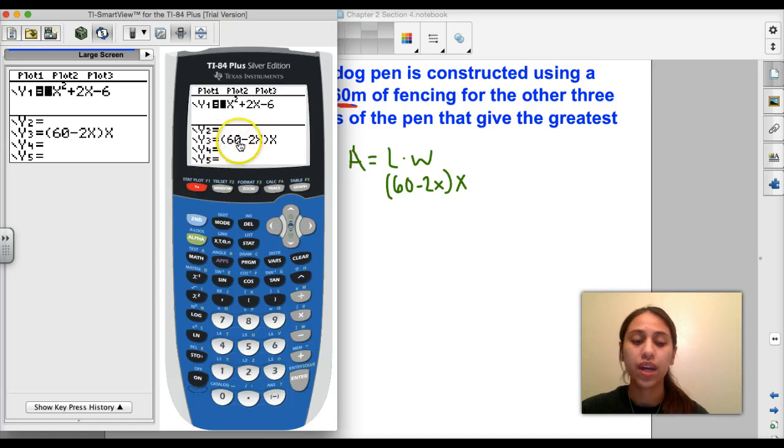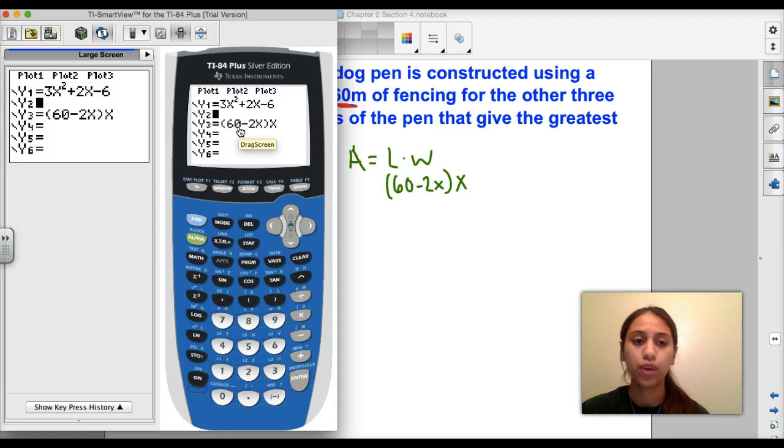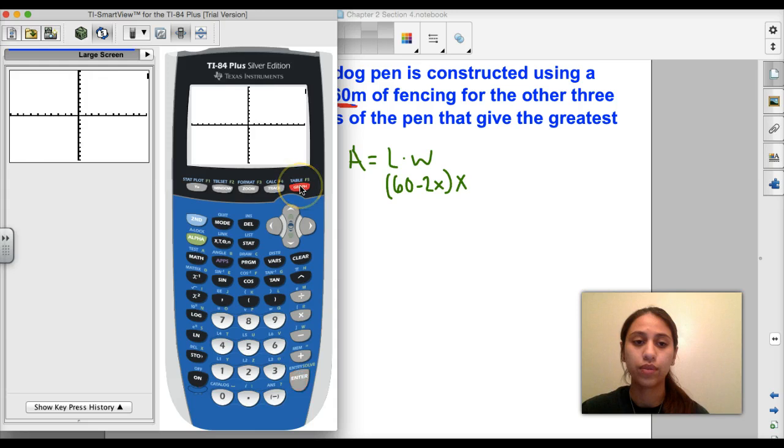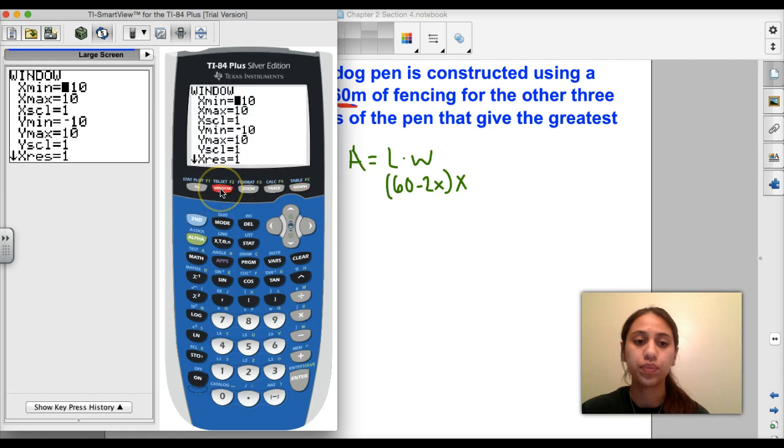Down here I have that equation, 60 minus 2x times x. If I turn off that graph we plotted before, and turn this one on, graph. Okay, can't quite see what it is, so we're going to have to change our window. Let's move to the right some.